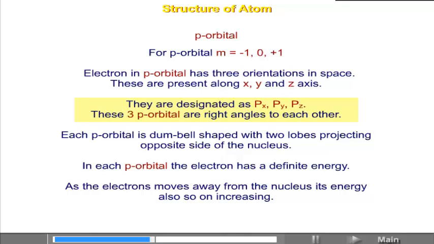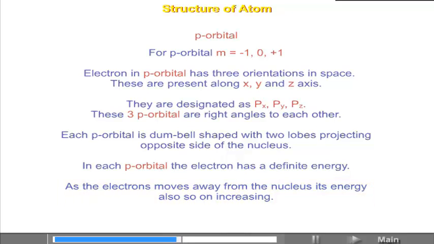These three p orbitals are at right angles to each other. Each p orbital is dumbbell shaped with two lobes projecting on opposite sides of the nucleus. In each p orbital, the electron has a definite energy. As the electron moves away from the nucleus, its energy also goes on increasing.